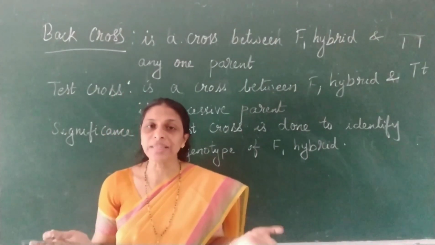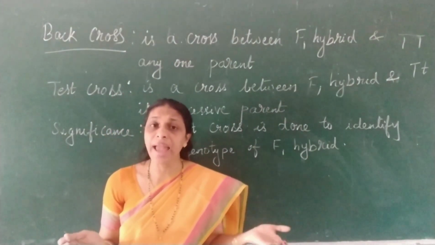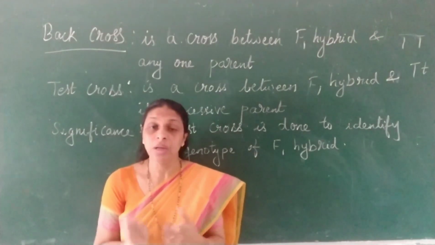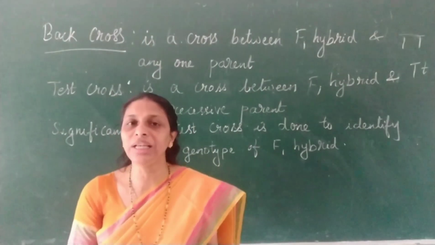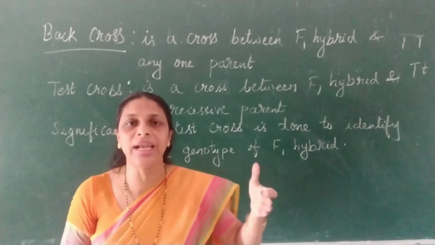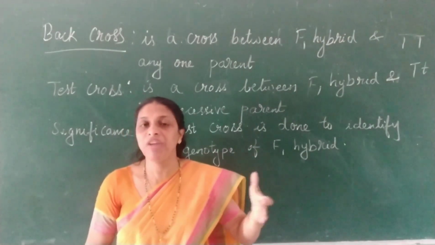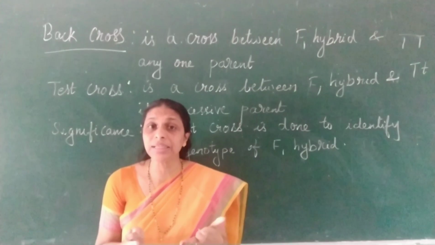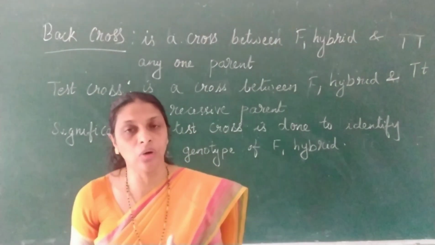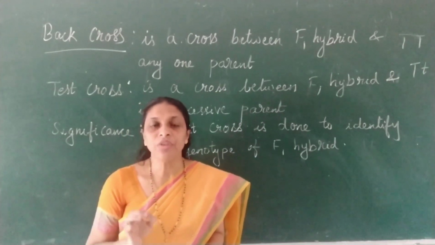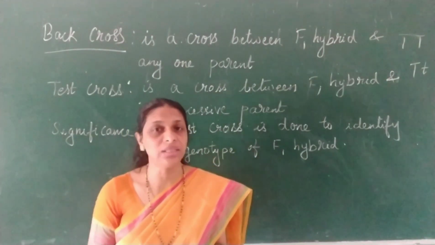Because a back cross can be between the F1 hybrid and any one parent, either the dominant parent or a recessive parent. But a test cross is only between the F1 hybrid and the recessive parent. Only the recessive parent. If it is with a dominant parent, we cannot call it a test cross. That is the reason why a test cross is a back cross, but all back crosses are not test crosses. Hope it's clear. So that is all about back cross and test cross.